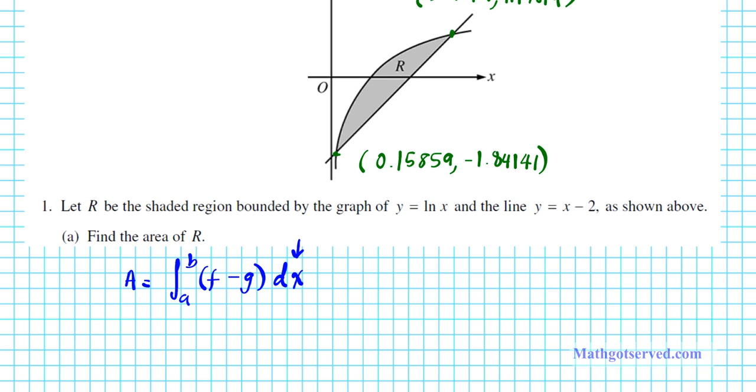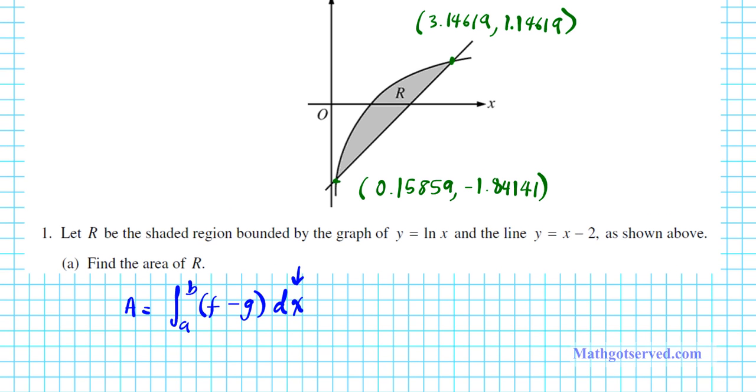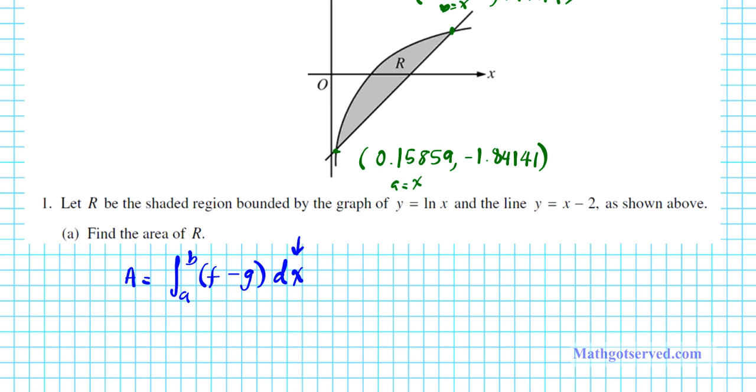Now, since we're going top down, we're going to be working with just x's, okay? So our limits of integration will be, this will be a, where we're starting from, and this will be b, where we're ending at. So this is x and this is y. Now to apply this formula to this situation, we're going to first put in our limits of integration.